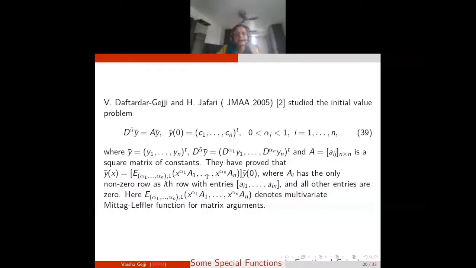A2 is take A, keep the second row, put all zeros everywhere. That is the way you have these arguments, and you can show that this matrix representation is an analytic solution of this system of equations. So one can see the power of generalization, and how these special functions are generalized meaningfully. They are coming up as solutions of such interesting systems of equations.